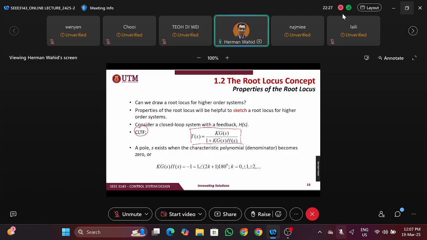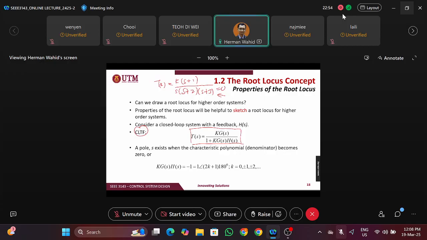From this transfer function, as we always do, if we have a transfer function k over s, s plus 2, s plus 3, in order to get the poles of this transfer function, we make the denominator equal to 0.